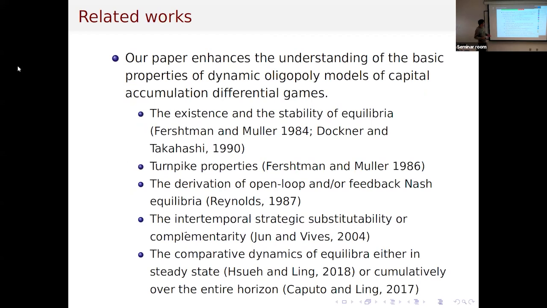Now, what are some related works? Our paper, first of all, enhances the understanding of the basic properties of capital accumulation games. This is, I would say, a workhorse model in differential games, so lots of work has been done in this area.